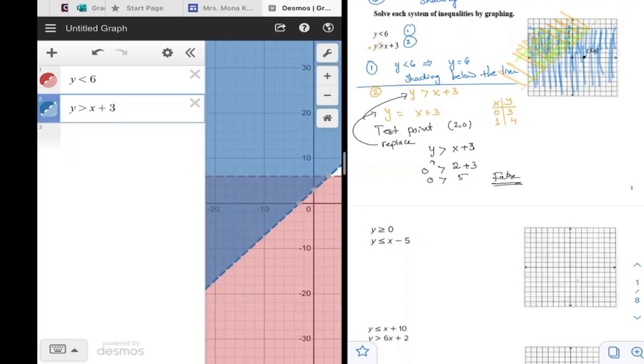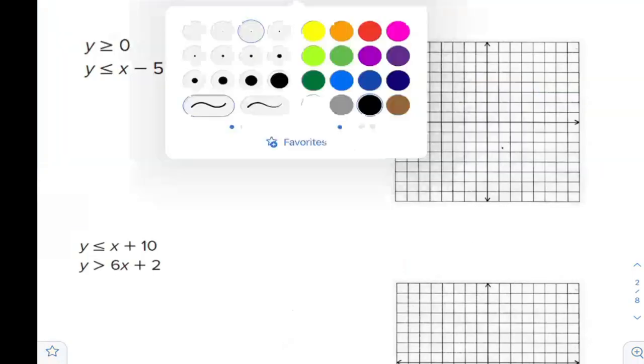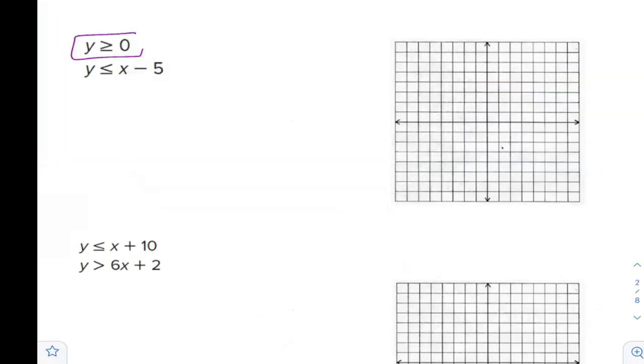You can check whenever you want that your inequality is correct. Let's take another example. Here we have another inequality. y is greater than or equal to 0. This means we are focusing on the x-axis because y equals 0 is the x-axis.